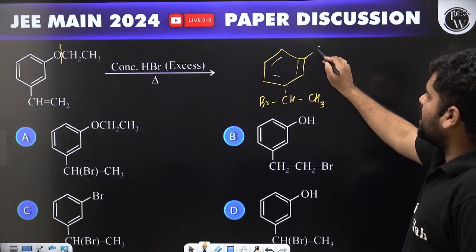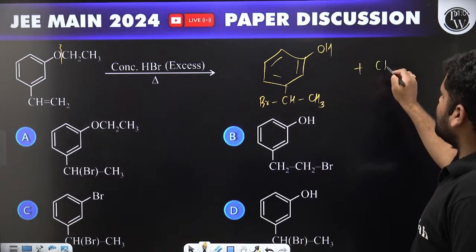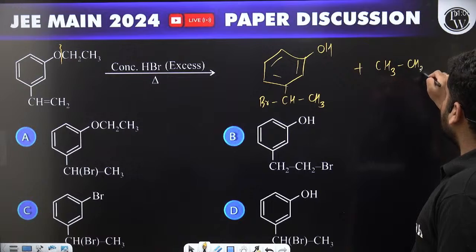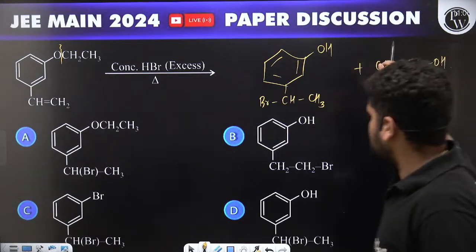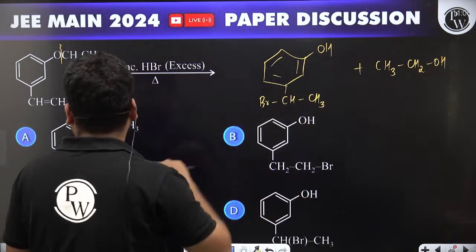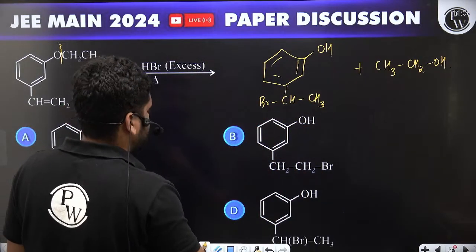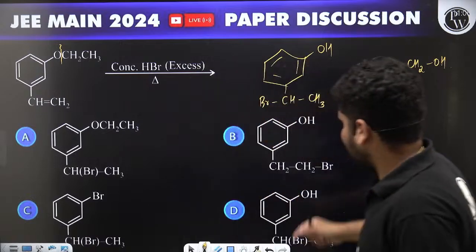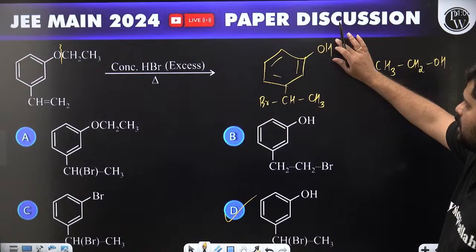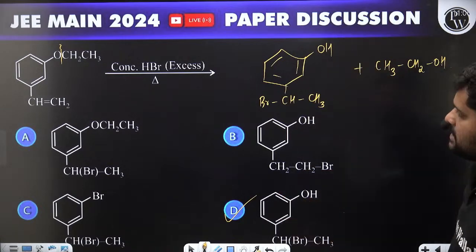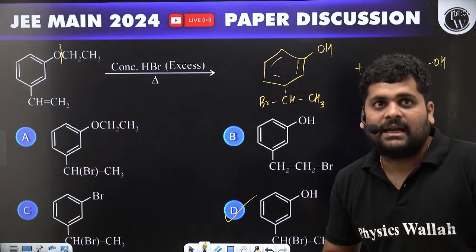So you are going to get OH over here, plus the other product is CH3CH2OH, which has not been asked. So look at this. We have a phenolic group, and then the other one is bromine on the first carbon. So the correct answer would be option D, phenol and CH Br CH3. Option D is our correct answer.